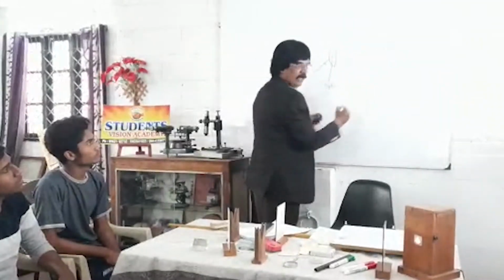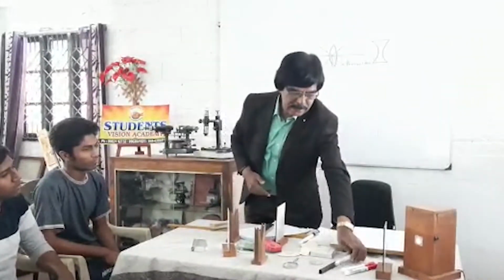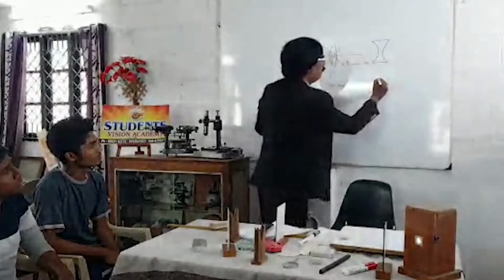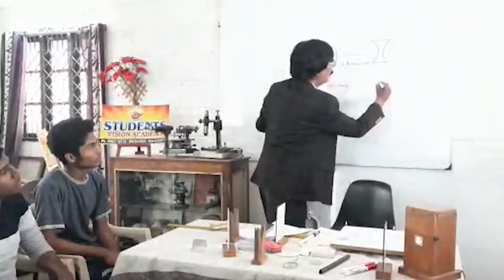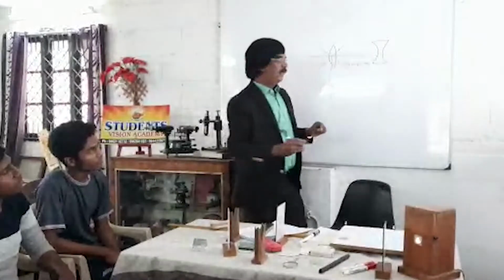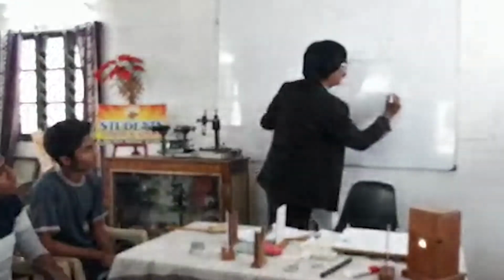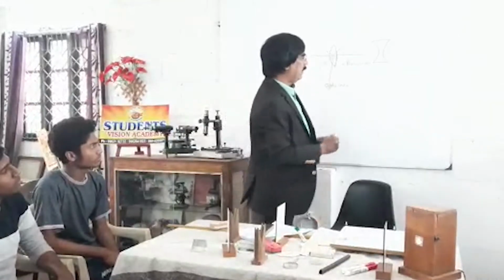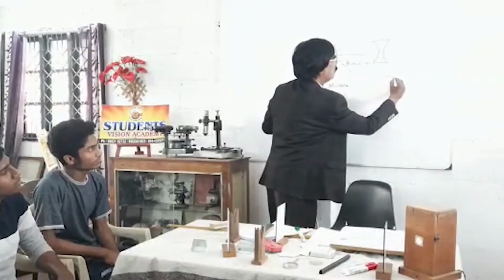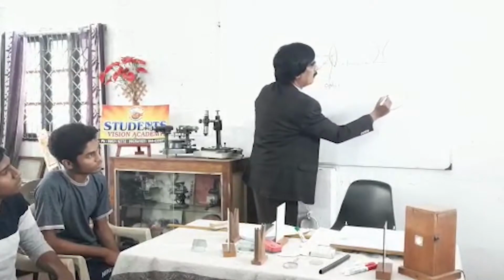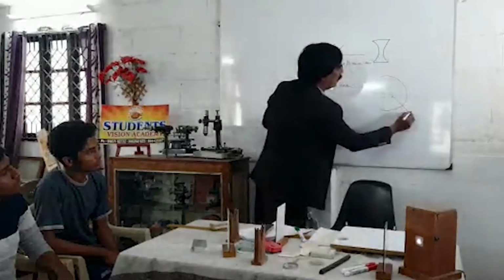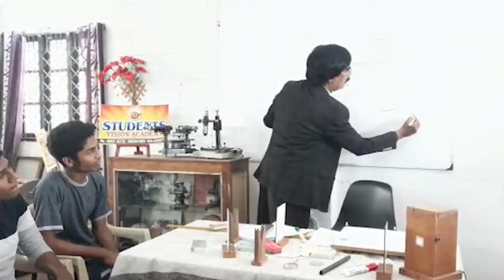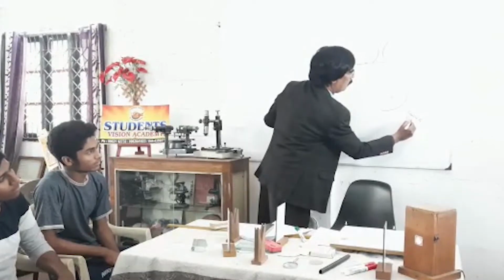Now, I take this convex lens, right, here. This is the principal axis I told you. This is nothing but part of the curvature. So if you complete this, it has a center that is called the center of curvature.